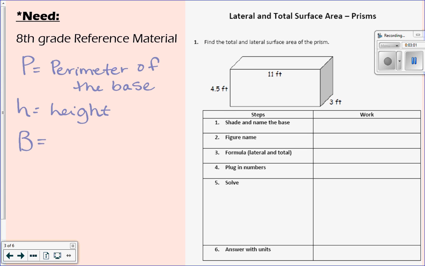What do you think a capital B stands for? Base. It does represent base, but more specifically, what did we do with the base yesterday? Determine the area, right? So capital B is area of the base.